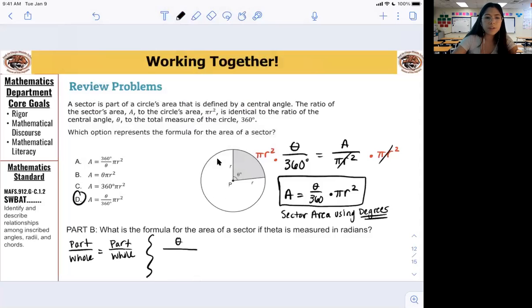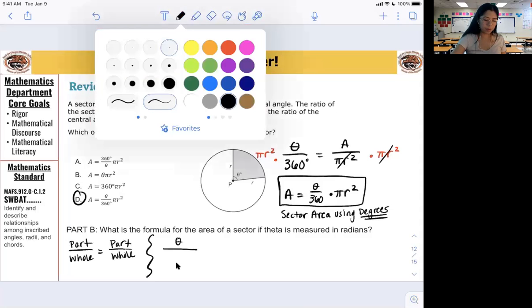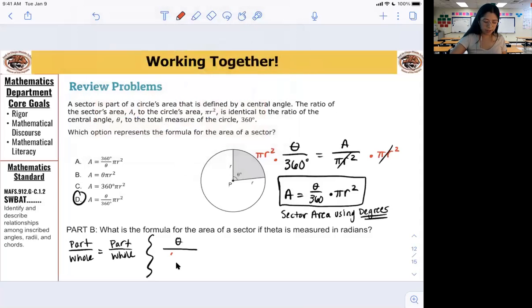We know that a whole circle is 360 degrees, but who remembers from Friday's class how many radians are in a whole circle? 6.28. 6.28, which we want to keep using pi. How many pi's is 6.28? 2 pi. So this is 2 pi.